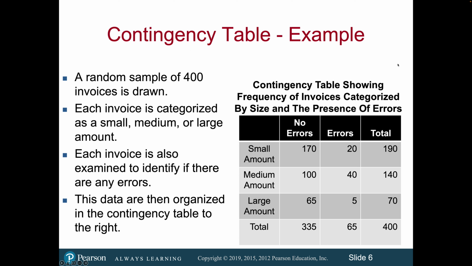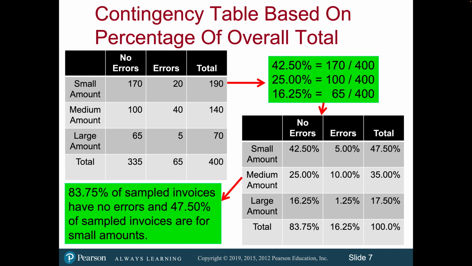Now, it gets a little complicated when we start summarizing these. Let me show you three ways that we summarize a two-way table. The first way is to look at the percentage of overall total.